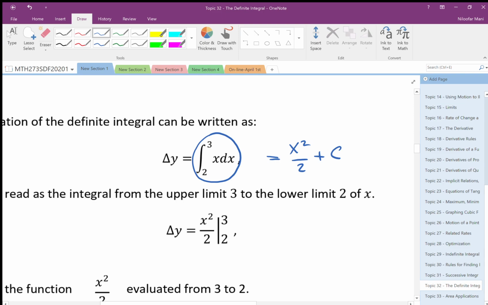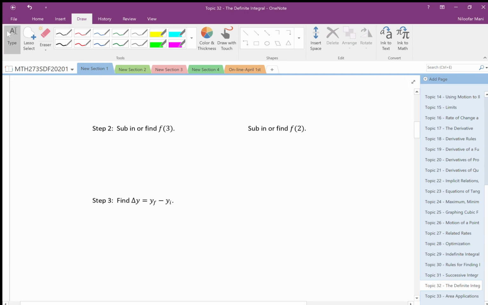But then I tell you from here to here. It means I am finding the area under the curve from 2 to 3. From 2 centimeter to 3 centimeter, from 2 unit to 3 unit, from 2 meter to 3 meter, 2 kilometer to 3 kilometer. Okay, so here I'm not finding the function. I am really finding the area under the curve from somewhere to somewhere.